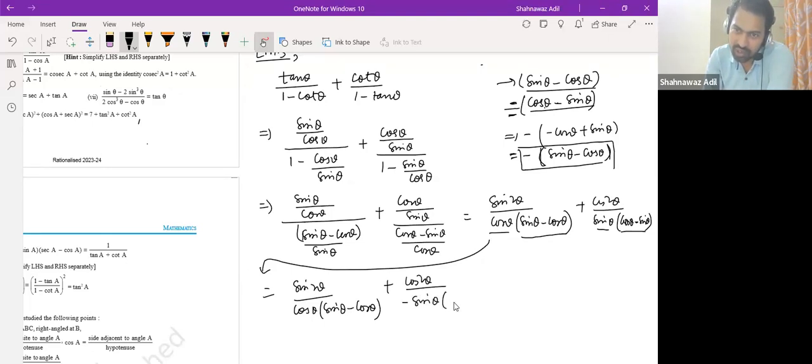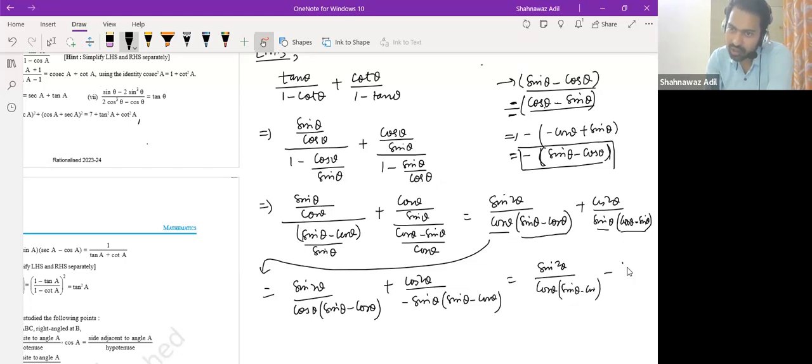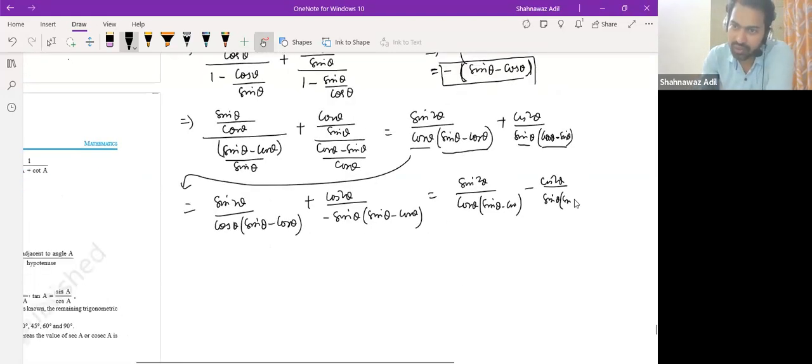So this is sine theta minus cos theta. The minus sign goes in here, and this is sine squared theta divided by cos theta, and this is cos squared theta divided by sine theta, minus cos squared theta by sine theta.